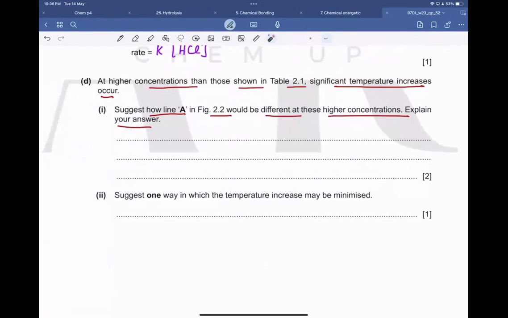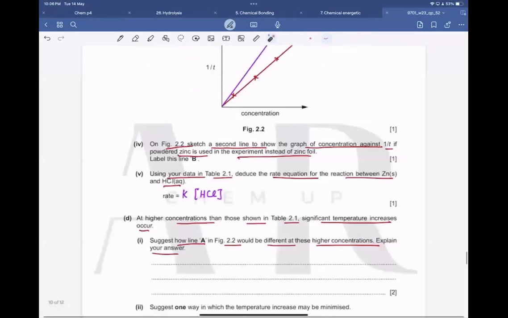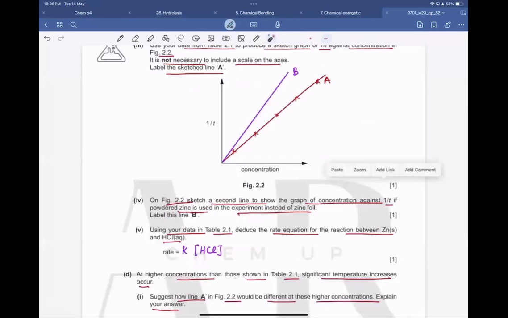So see, if the concentration gets higher, then what happens to the temperature? They are saying that the temperature is also getting higher, right? So the line is not going to stay straight, but it becomes a curve like this, because the temperature is getting higher, and as a result, the reciprocal of the time taken is also getting much smaller.